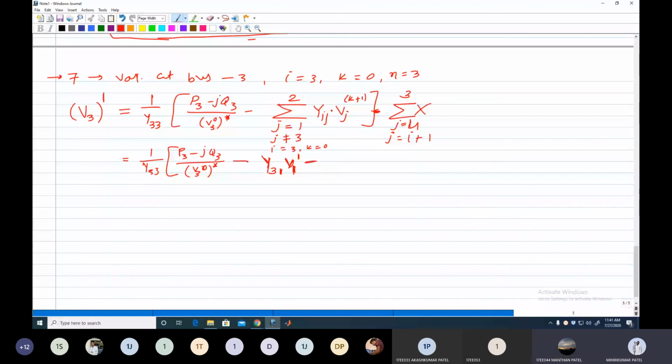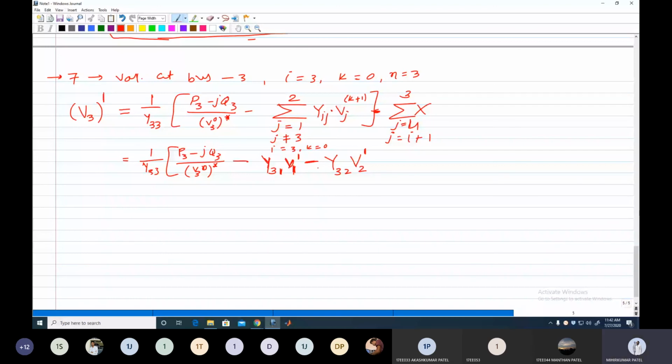Yes, plus or minus Y32 V2. K is equal to now 2 and is 1. Here it is K plus 1. Okay. Good. Clear?